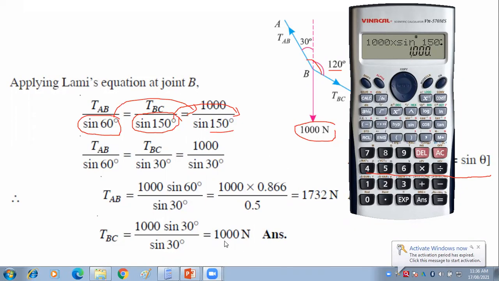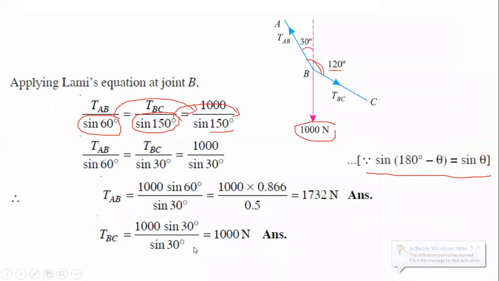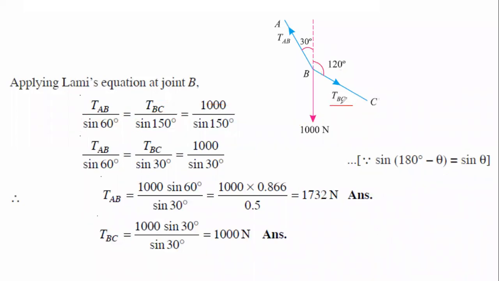So 1000 Newton is the force in BC. In both ways we are finding the unknown tensions in BC and AB.